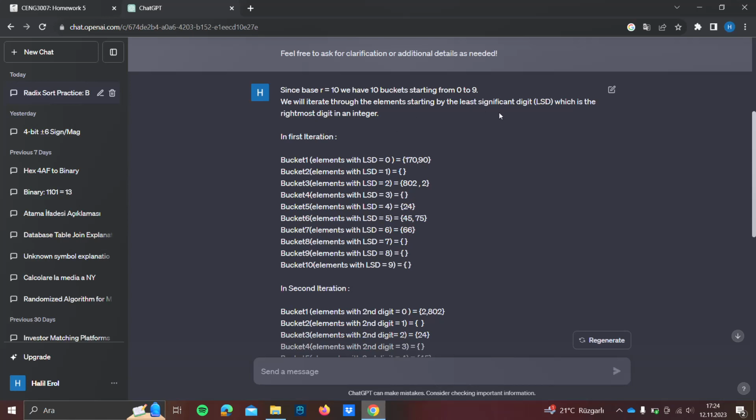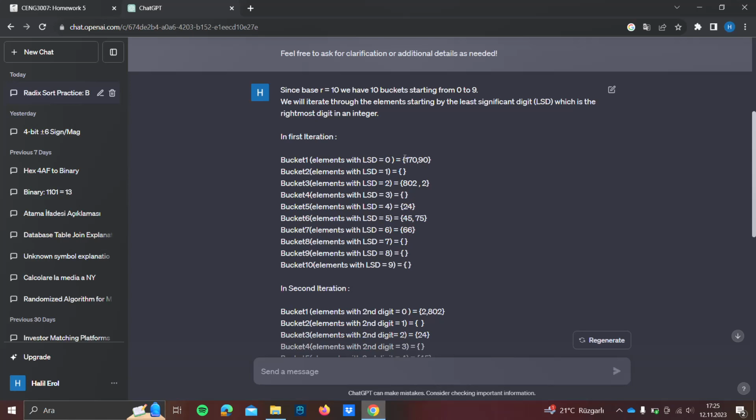This is the least significant digit in a number. So in the first iteration, we are checking the least significant digits, which is the rightmost digit. So in the first bucket, we are putting elements with least significant digit equals 0.